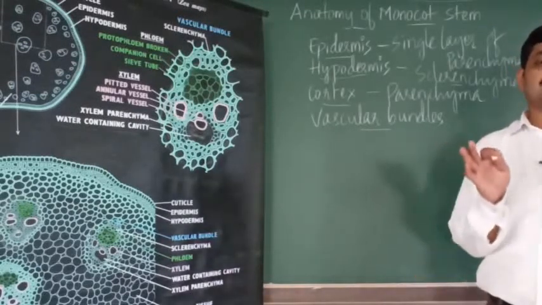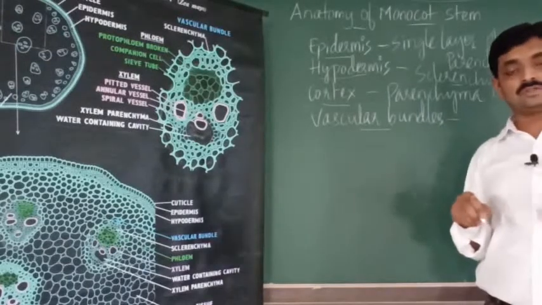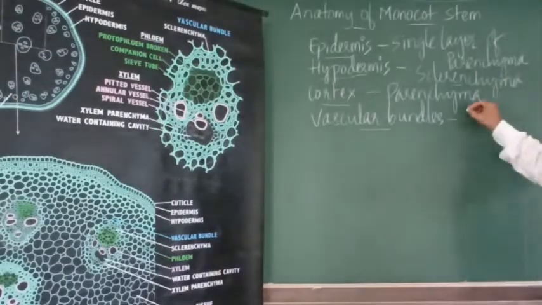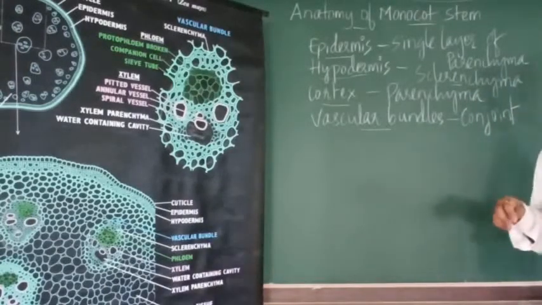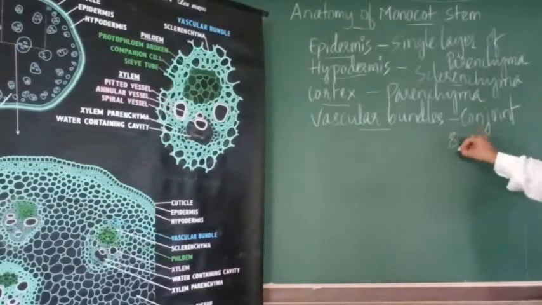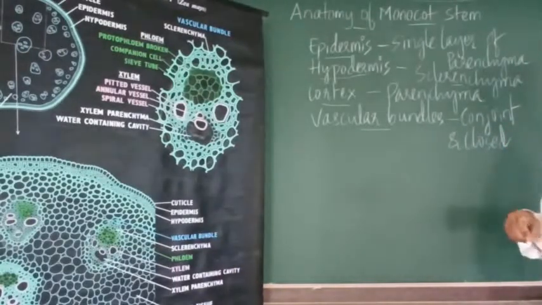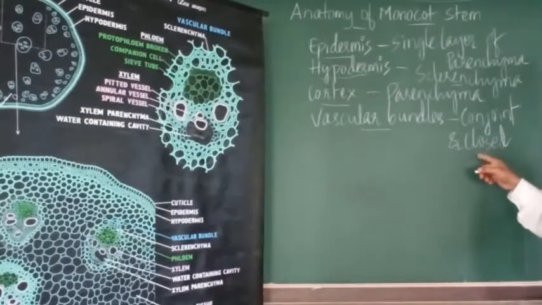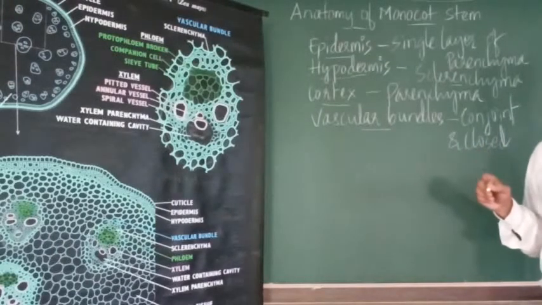If you consider the structure of a single vascular bundle, this vascular bundle is conjoined and closed. So conjoined and closed vascular bundles are observed in monocot stem.